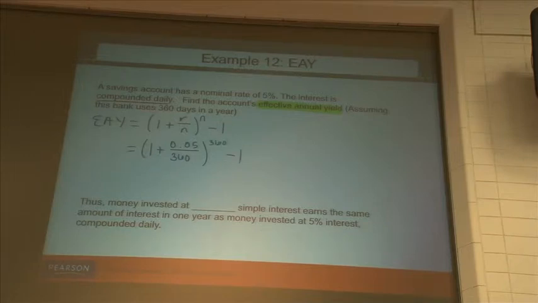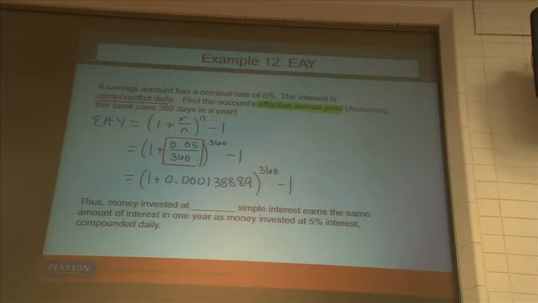All right. Punch that into your calculator. And we have to simplify this inside part first. So 0.05 divided by 360. We've got the quantity of 1 plus 0.000138, use your carrying function.